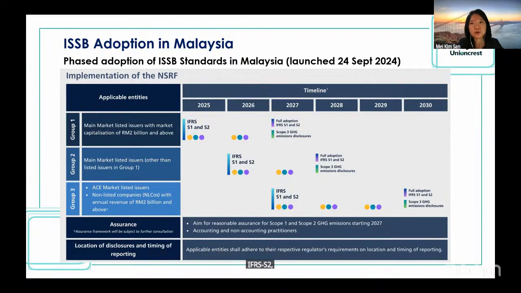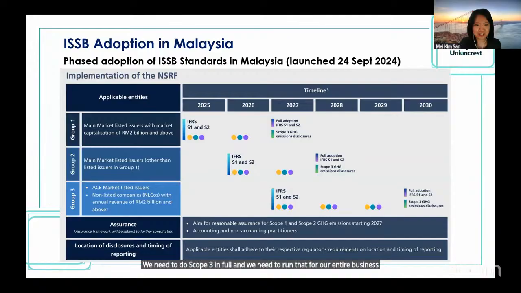We only need to report for principal business segments, and we do not need to do scope 3. But come 2027, the entire avalanche comes. We need to do full S1, scope 3 in full, and we need to run that for our entire business operation.